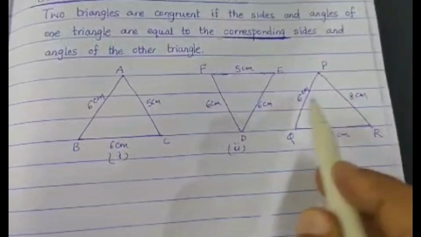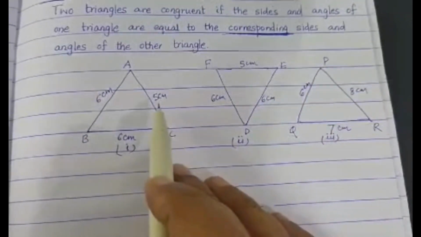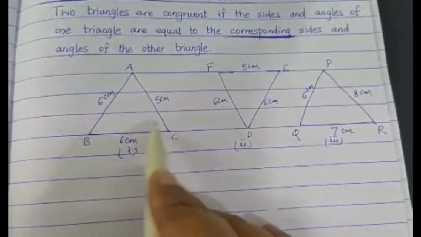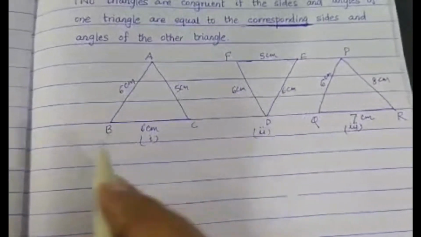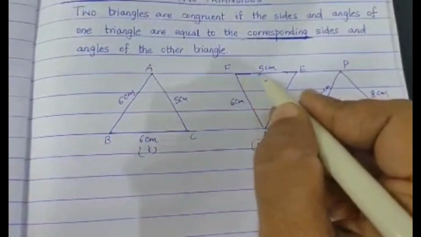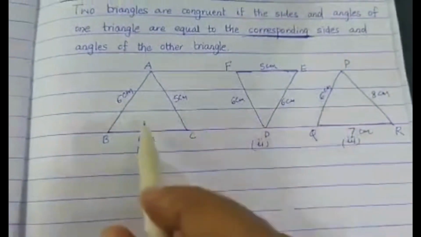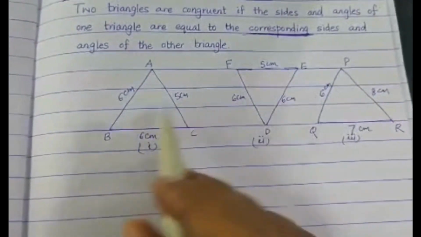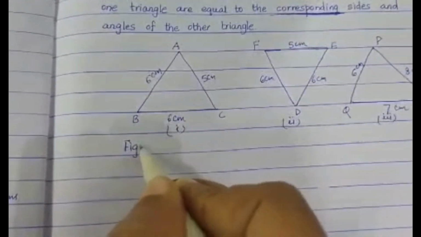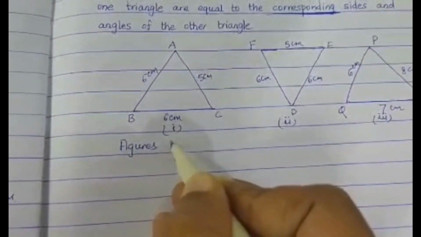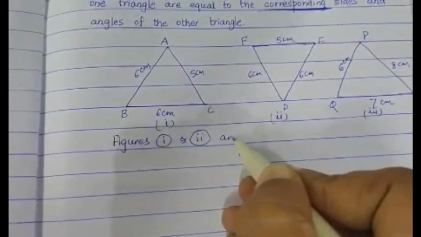This has all different sides, 6, 7, 8, so it will not cover completely any of these triangles. So basically 1 and 2 are congruent triangles, this is not congruent. How do you know it? If you take cutouts of these figures and try to superimpose them, then both will cover each other completely, but not this one. So figures 1 and 2 are congruent figures.